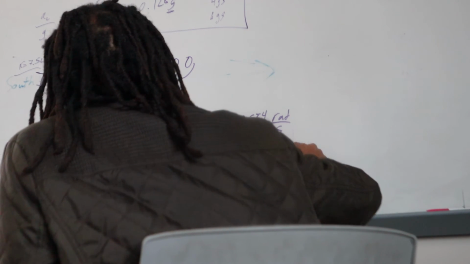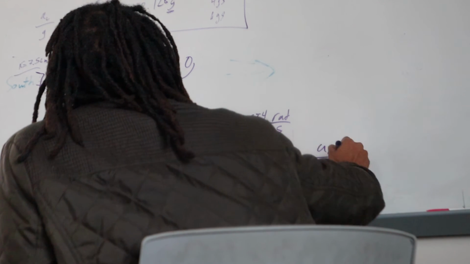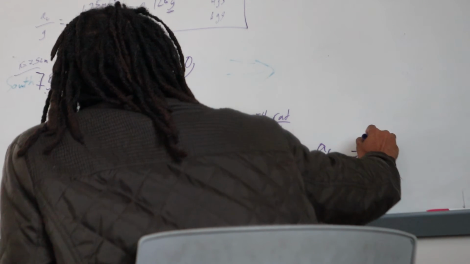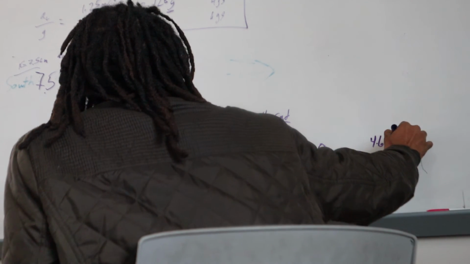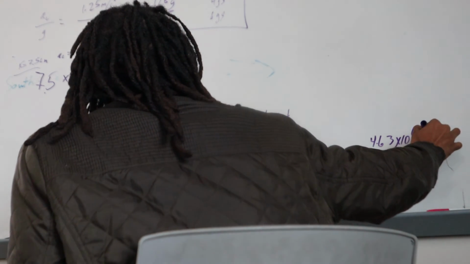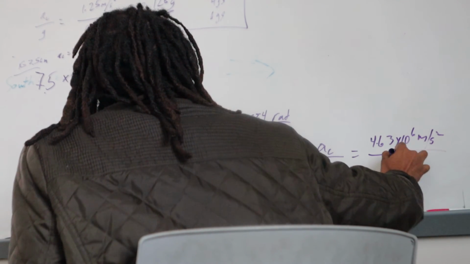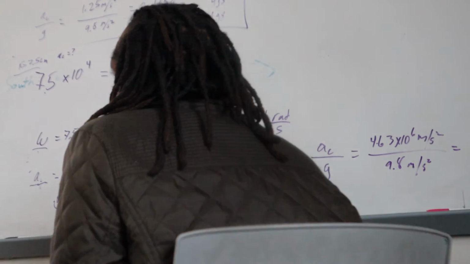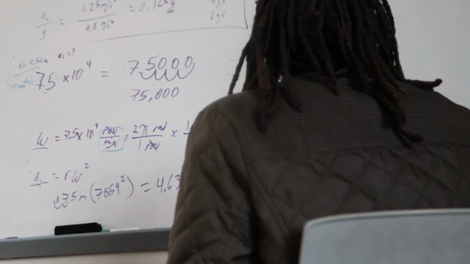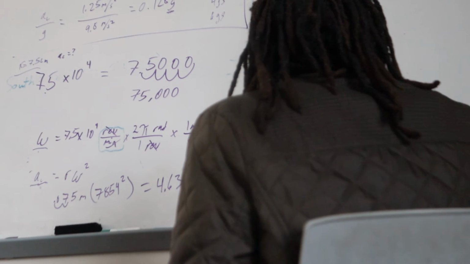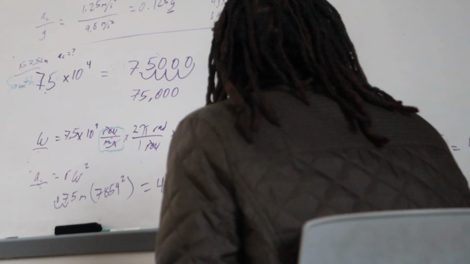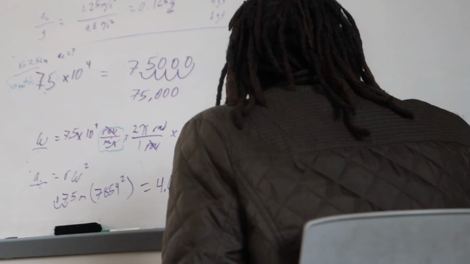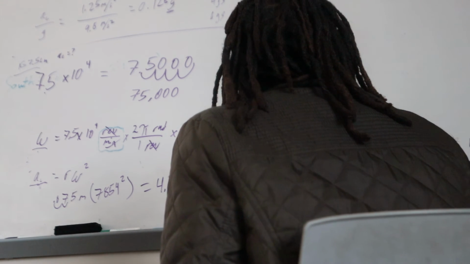So we're doing centripetal acceleration divided by gravity: 4.63 times 10 to the 6 meters per second squared divided by 9.8 meters per second squared. That gives 4.72 times 10 to the 5, so the centripetal acceleration is way greater than gravity.